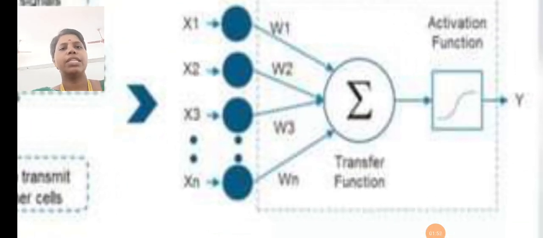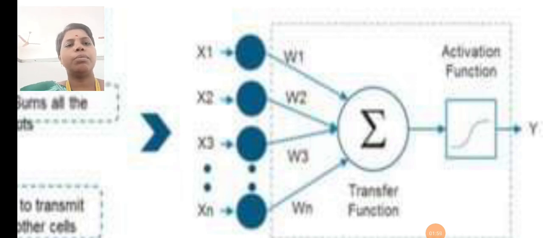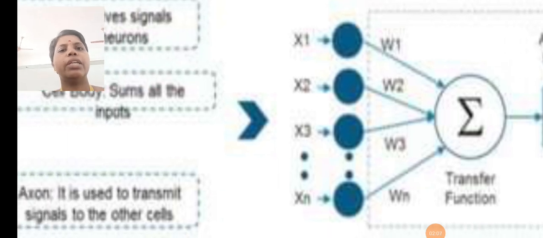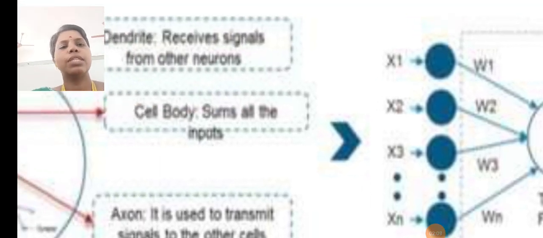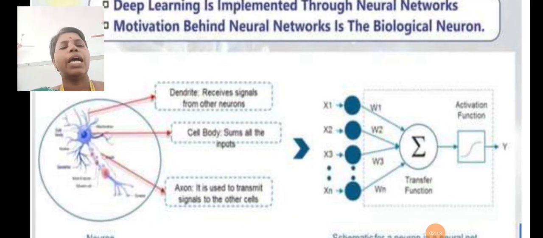Here we can see x1, x2, x3 are the inputs, and w1, w2, w3 are the weights. Based upon the respective weightage, the inputs are selected and summed, which is called the transfer function. Just as we had a cell body for the sums, here we have the transfer function for the sum, and then we have the activation function.